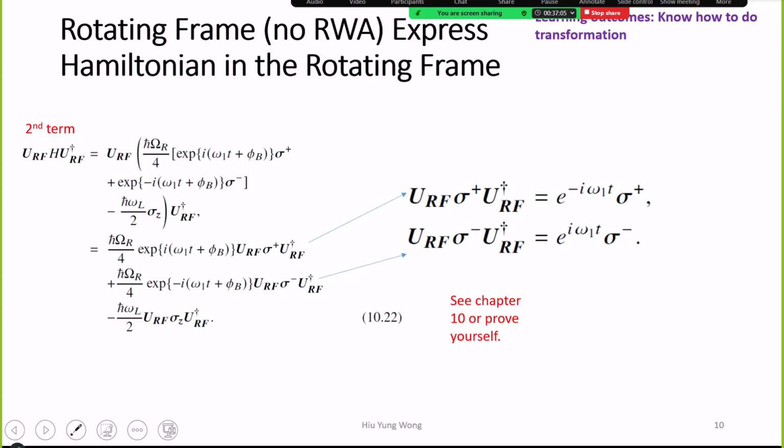So there are two things. The sigma plus is transformed like this. It becomes still sigma plus, but we have an extra phase depending on omega 1. Sigma minus has an extra phase, also depends on omega 1. Do you know what is this, by the way? Maybe I should explain a little bit more.